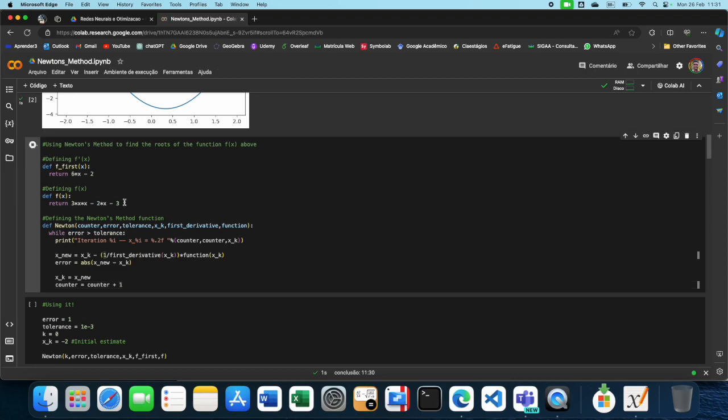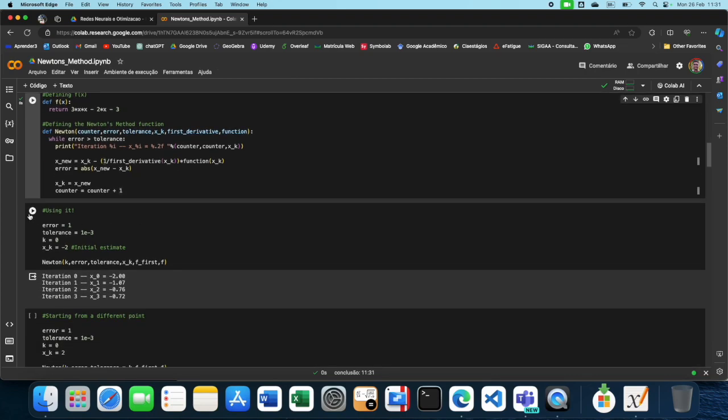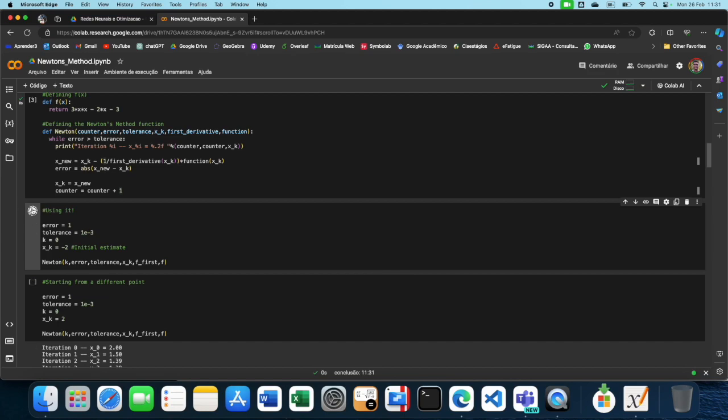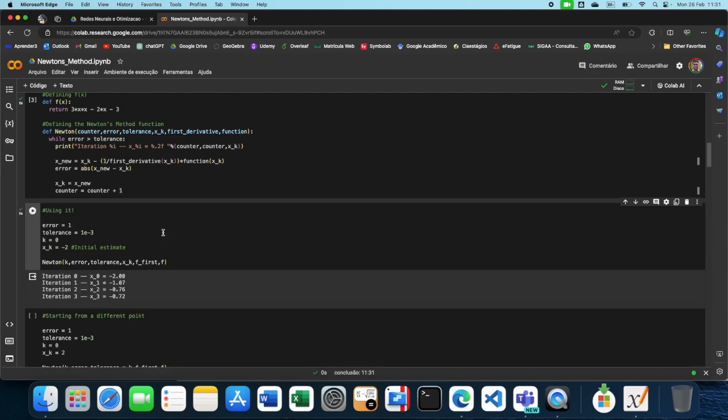Okay, let's see how it works. Just look, in 4 iterations, the method found the root of the function f. And this answer can change if we use a different initial estimate.